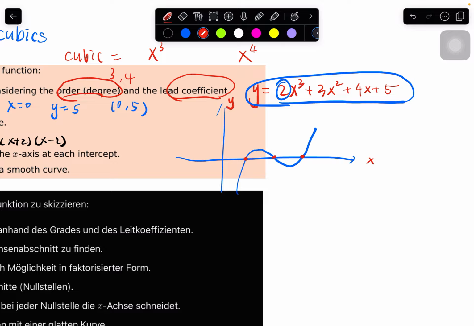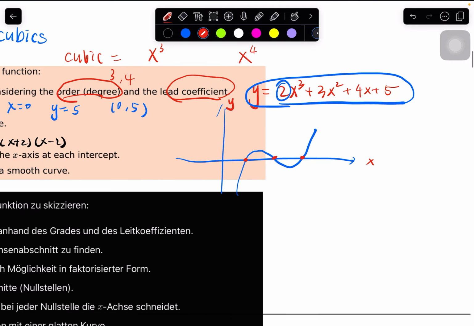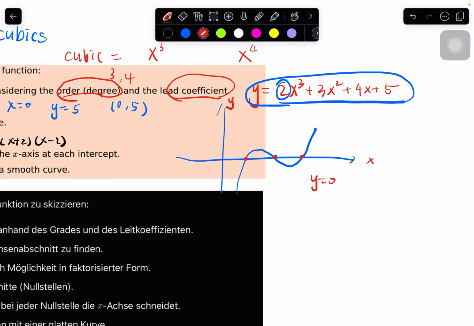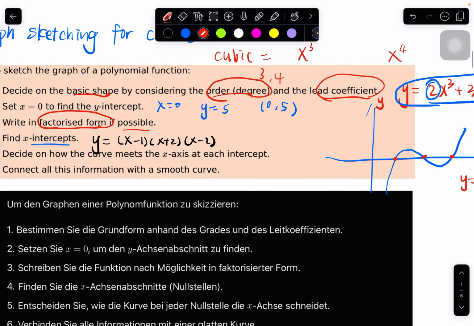As you can see, these 3 points are on the x-axis, which means their y value equals 0. So now you just need to set y equals 0, and you find these 3 x values. They are very easy to find, respectively x equals 1, x equals minus 2, x equals 2.